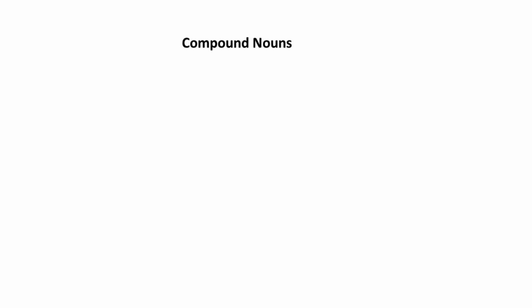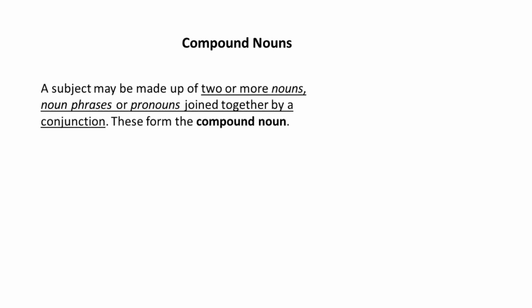Compound nouns. Students, you must also understand that sometimes a subject may be made up of two or more nouns, noun phrases, or pronouns joined together by a conjunction. These form the compound noun. Here are some examples. Oxen and donkeys are beasts of burden.